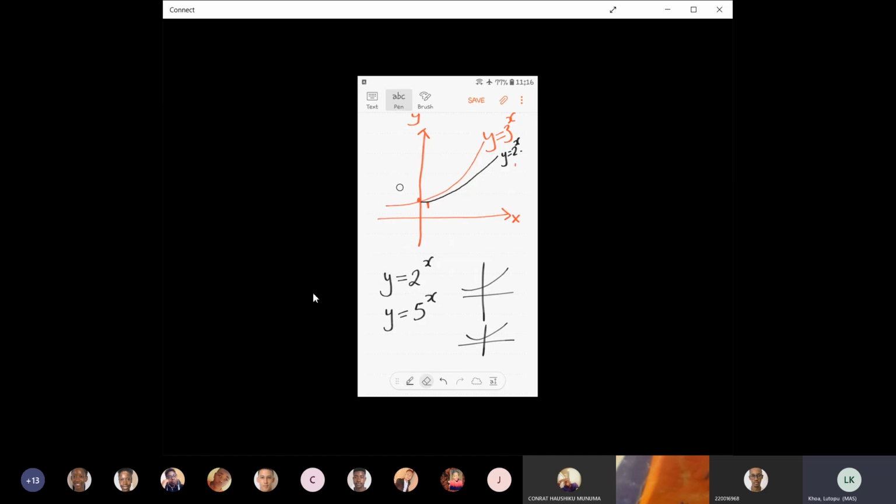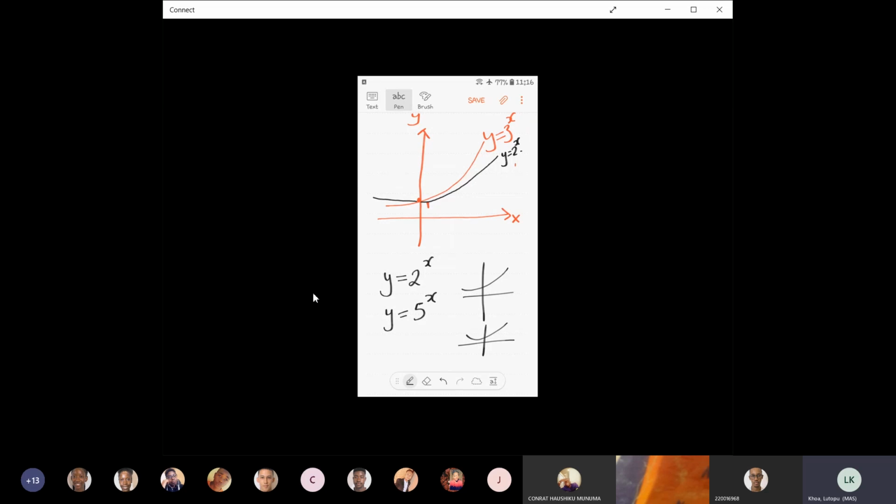Then in the second quadrant, I must decide which one is closer to the x-axis. The bigger base is the one that is closer to the x-axis. So this one in black must be further away.